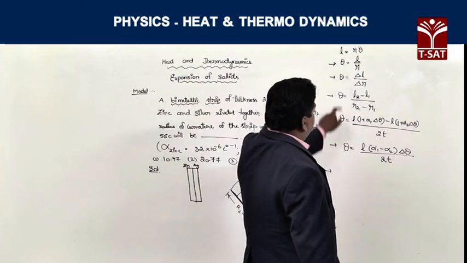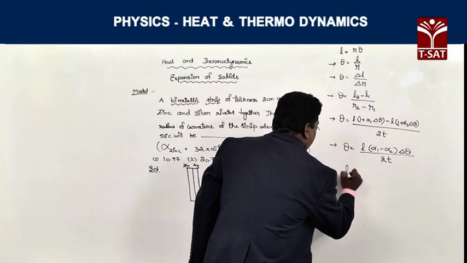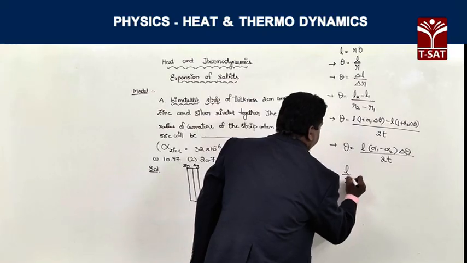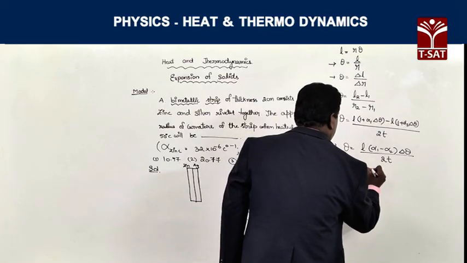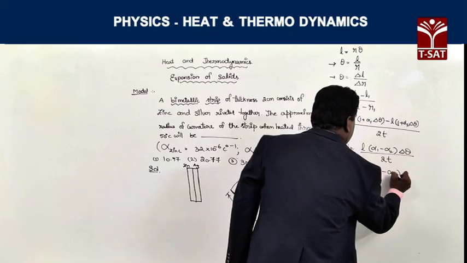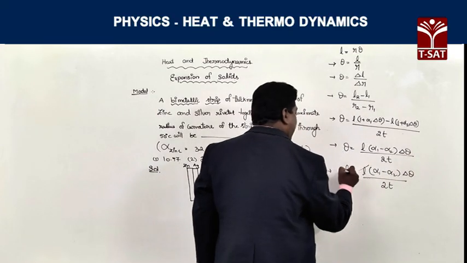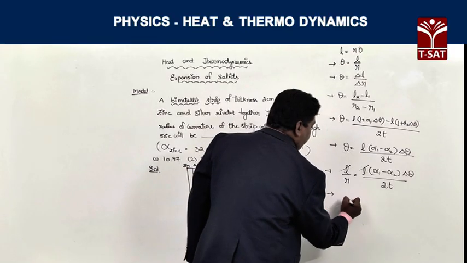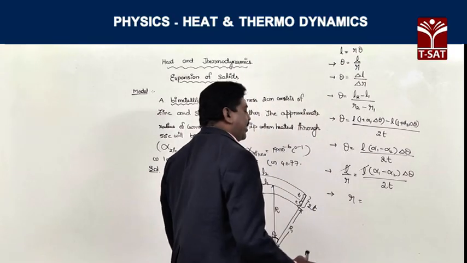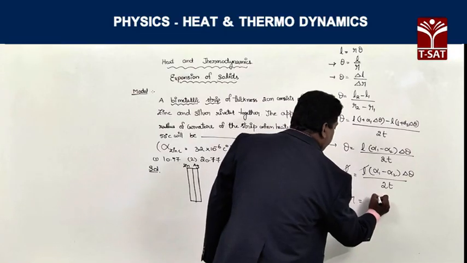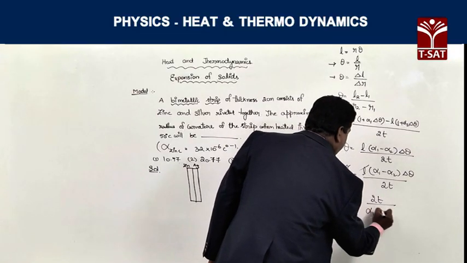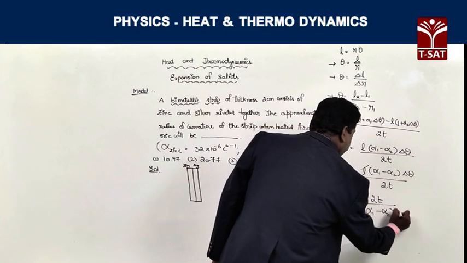Here theta is L by R, so L by R equals L into alpha 1 minus alpha 2 into delta theta by 2T. L gets cancelled, so the radius of curvature R is 2T by alpha 1 minus alpha 2 into delta theta.